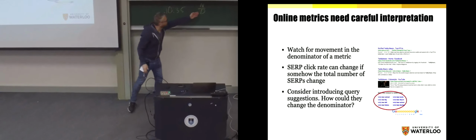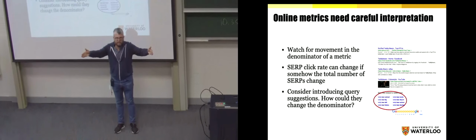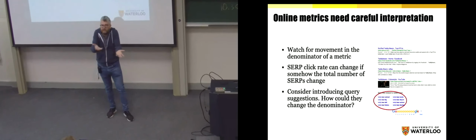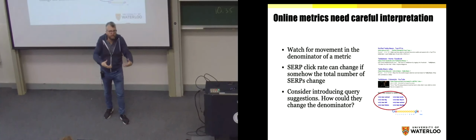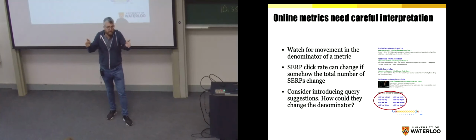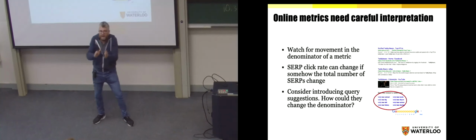People use the search engine way more, so you've made the denominator bigger. But because they're coming with harder queries, for the easy queries they find everything really fast, the number of things they click on goes up because there's more stuff, but it doesn't go up as fast as the denominator. So even though more people are using it more often, the rate has gone down.